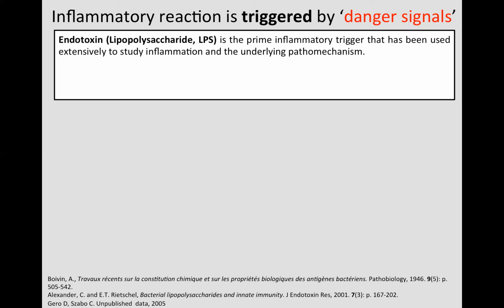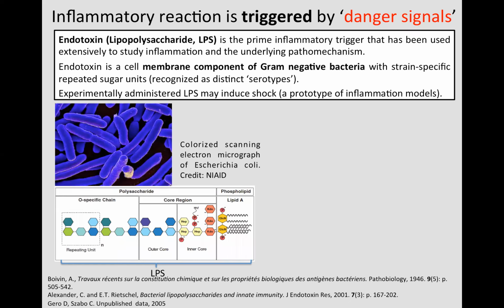Endotoxin comes from the gram-negative bacteria, which is one class of bacteria. They can be stained by the gram stain, and broadly, the bacteria can be classified into gram-positive or gram-negative bacteria. Gram-negative bacteria will have endotoxin in the cell membrane. It's a lipopolysaccharide molecule. It's a sugar chain attached to a lipid in the membrane.